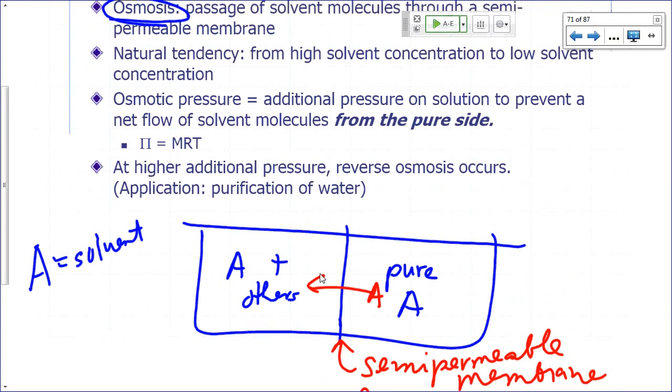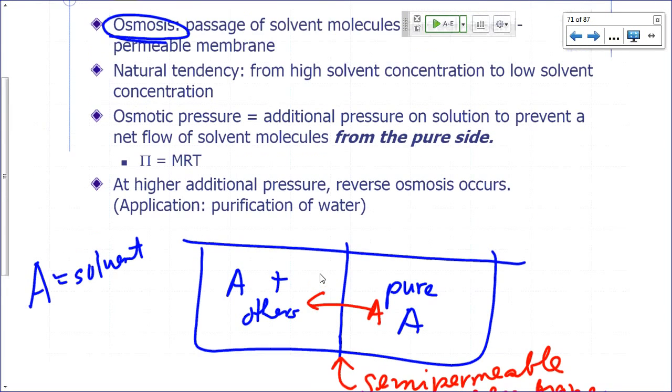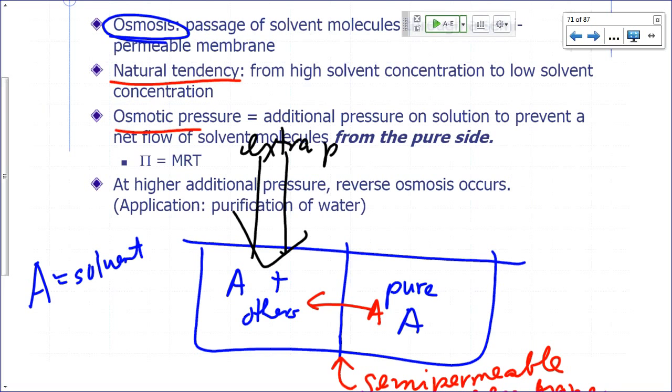Okay. So what's osmotic pressure? So here, the natural tendency is movement from high solvent concentration to low solvent concentration. What's osmotic pressure? That is the additional pressure that you have to exert on this side. So in other words, if I were to exert an extra pressure here, I can actually prevent osmosis.